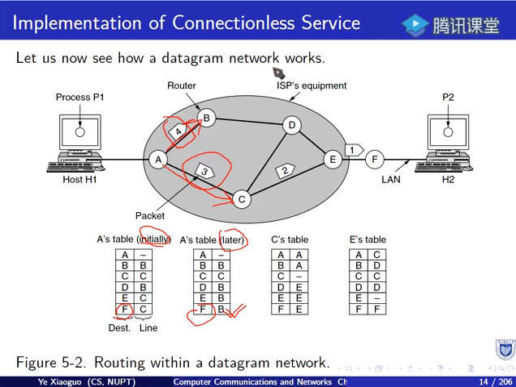In the datagram network, the packets are delivered independently with the full destination address, and depending on the current routing table, because the routing table probably will be updated, so different packets probably are delivered along different paths.